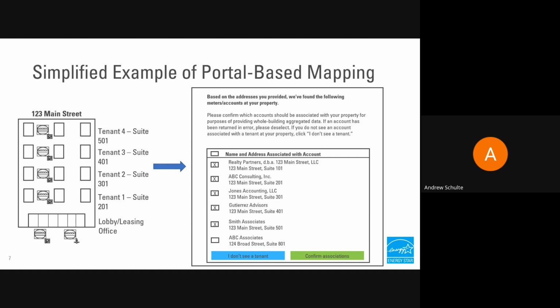So even though we would consider this utility-led meter-to-building mapping, what we want to make clear is it is absolutely appropriate and in almost all cases essential for the building owner to have an active role in confirming that the utility has identified all the constituent points of energy consumption for their building.